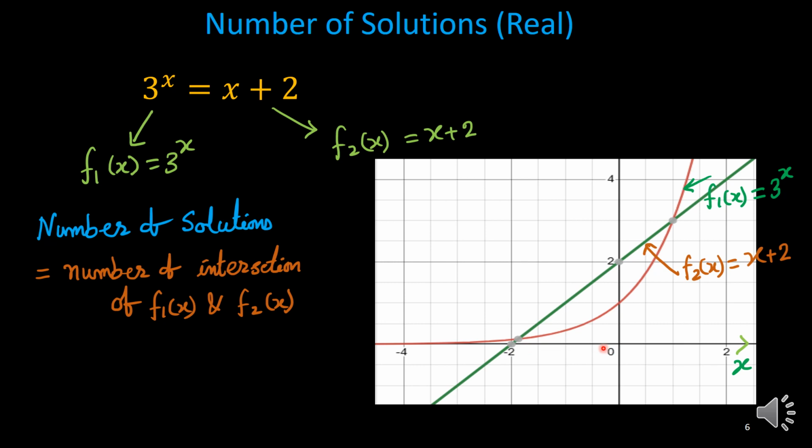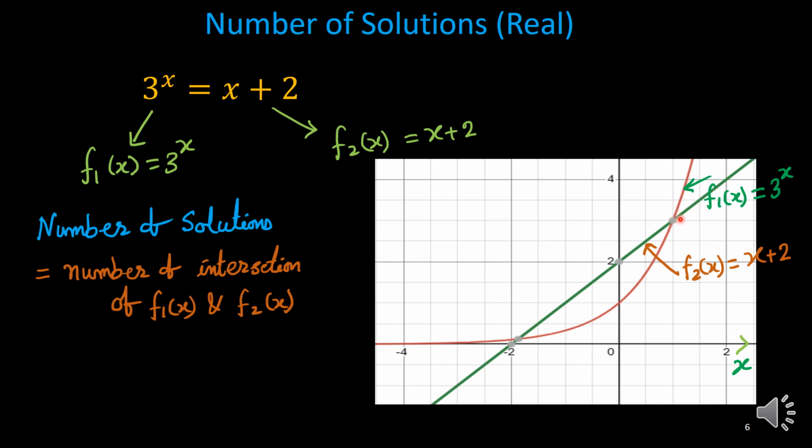So the slope is 1 and it will pass through (0, 2). As this point is above this point, and the line is growing steadily, they are going to cut here and they are going to cut at another point here.